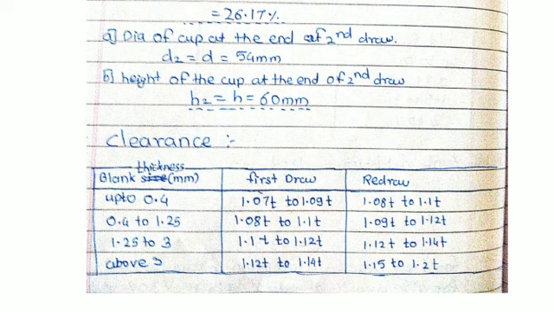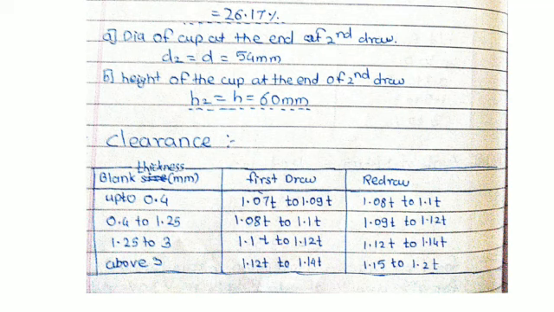That means for the first draw we can take the clearance as 1.10 T to 1.12 T, that is, 1.11 T, or 1.10 T plus 1.12 T divided by 2.